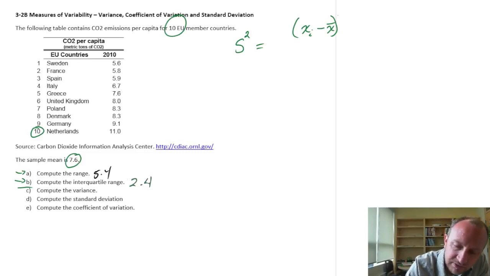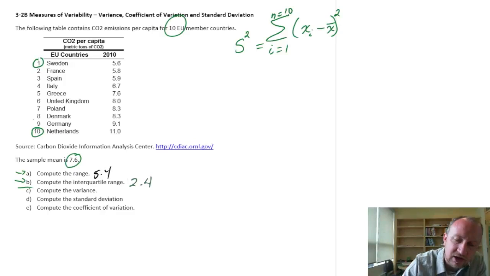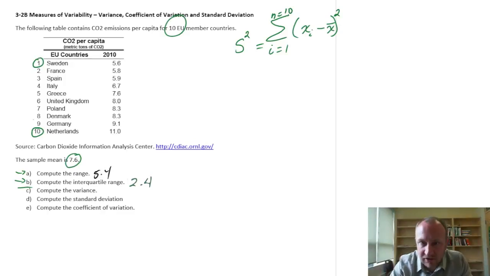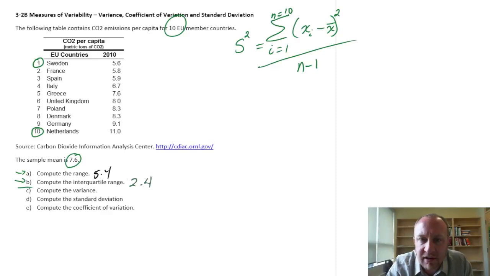And then once we've got those differences, we're going to square each of them, and then we're going to add them all together. So we're going to sum across i equals 1, so that's this first observation here, through to n, which is, in this case, 10. So then we're going to add all of those squared differences, all of them together. And then finally we divide by n minus 1 to get the variance.